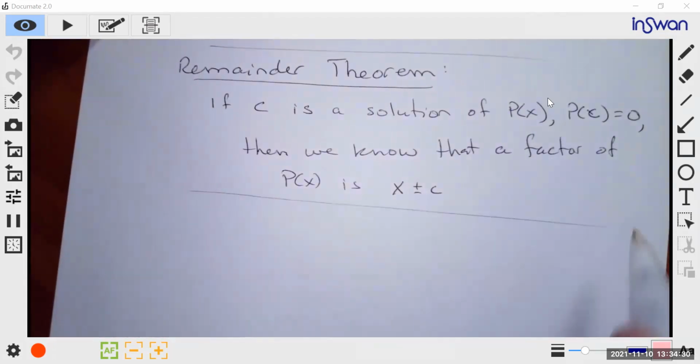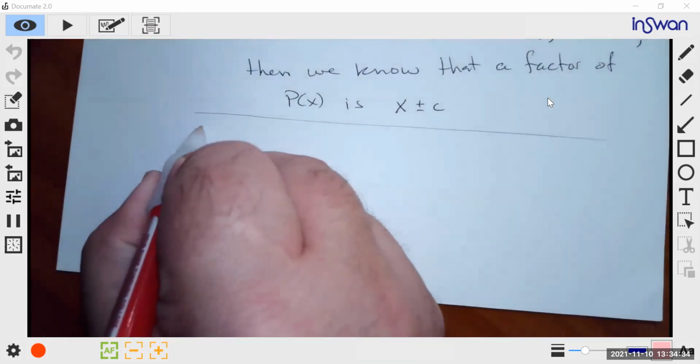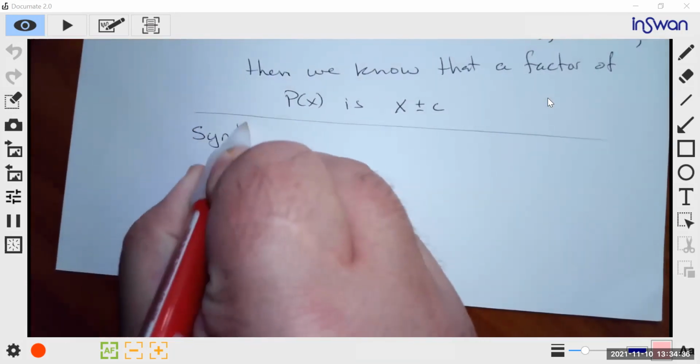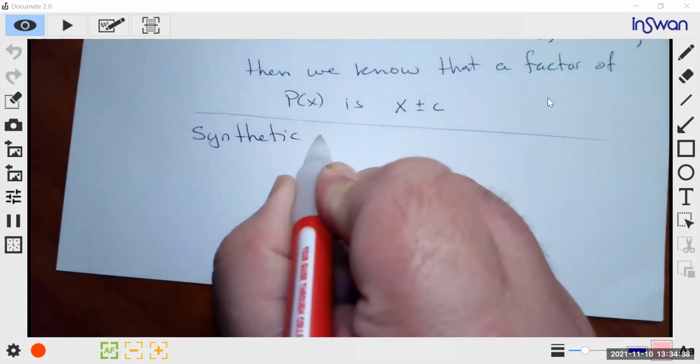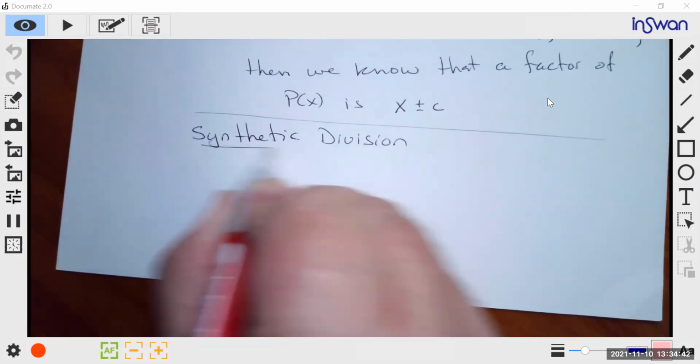That leads us to the more important topic. Synthetic division.